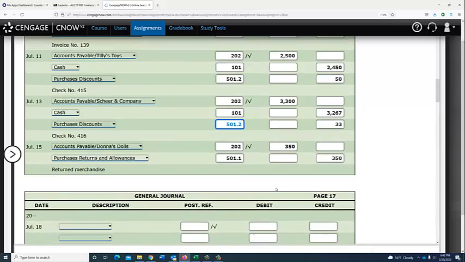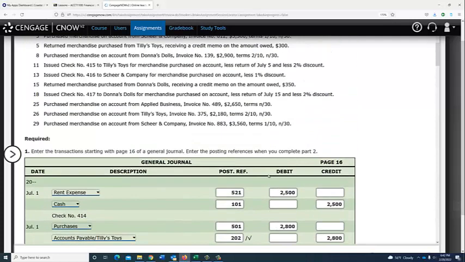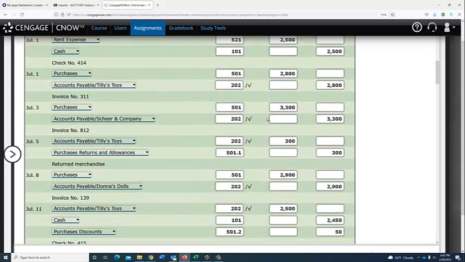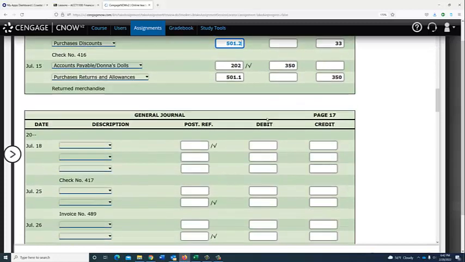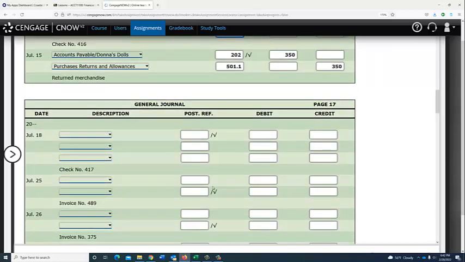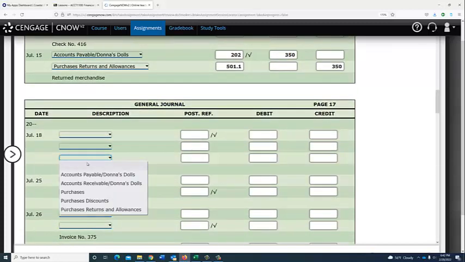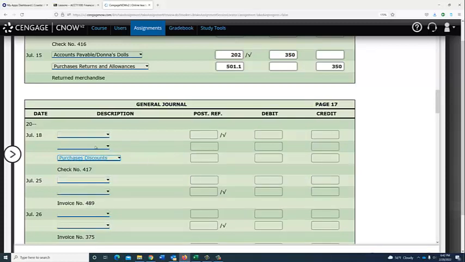And we are going to apply, what was that discount? 2% discount. So we're going to apply that to the $25.50. That's $51. So we are cutting a check for $24.99. We're moving to a new page. Purchase discounts. We'll come back to that. The cash was $24.99.